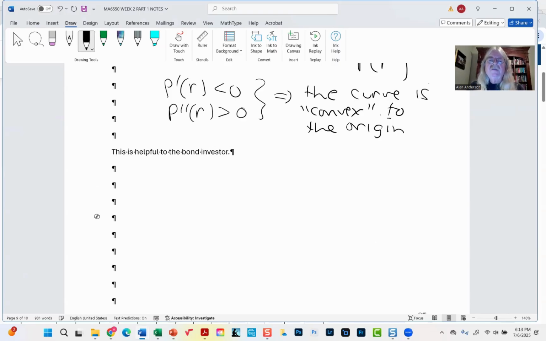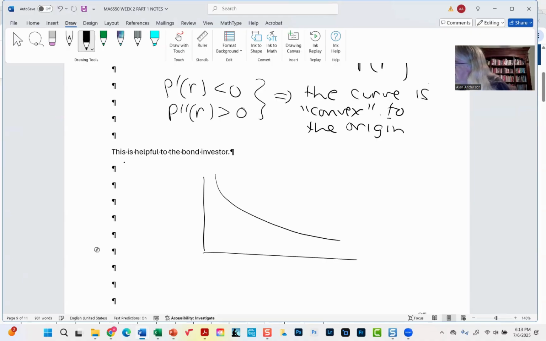Let's just imagine that you have a bond and, at the moment, the yield is 7% and the price is 1,000. If the yield goes up to 8%, say the price drops to 920.